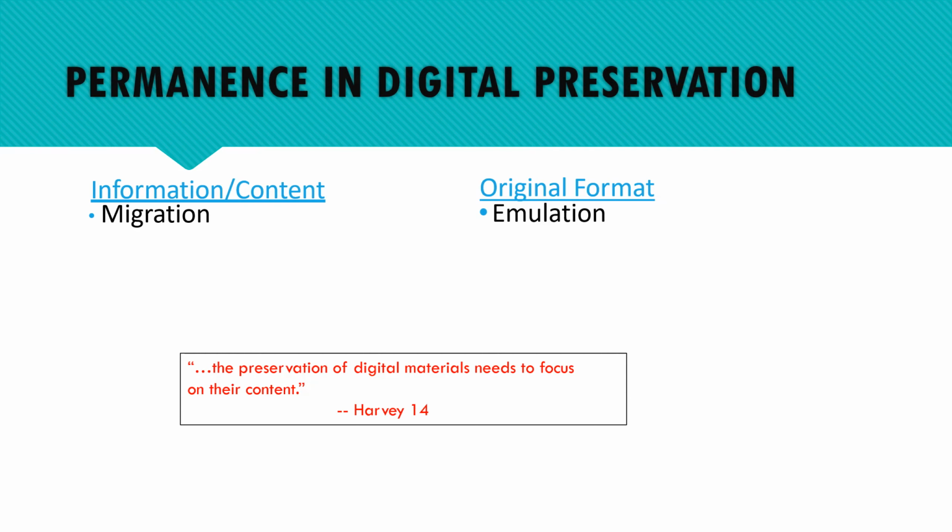And on page 14, Harvey essentially says that when it comes to digital preservation, in a lot of instances, archives should focus on preserving the informational content, and they need to focus less on preserving records in their original format, just because of the additional layer of complexity and difficulty that focusing on the original format and pursuing things like emulation can create. And oftentimes, again, that is beyond the ability and resources that an archive has available.